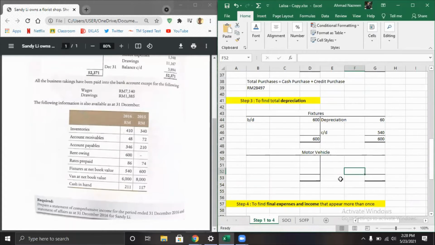Then for the motor vehicle, b/d debit 8,000.